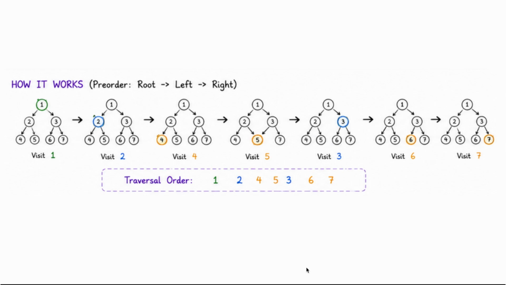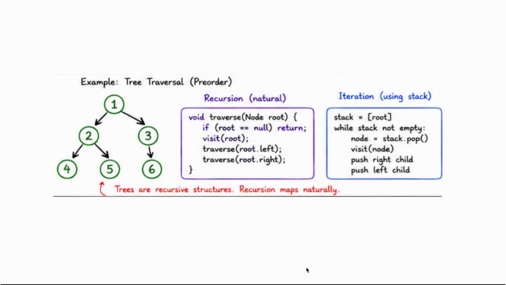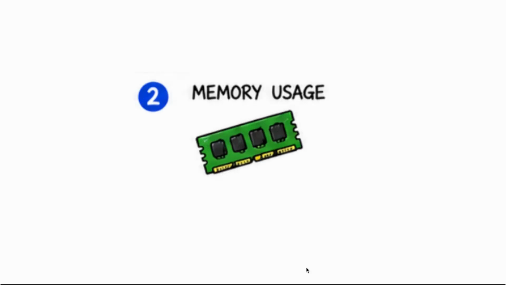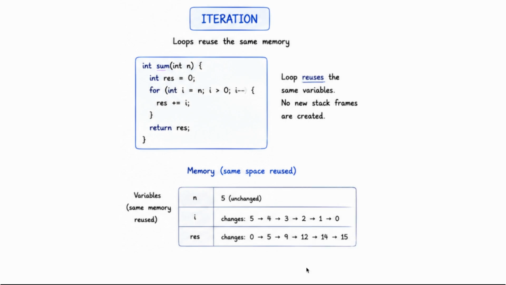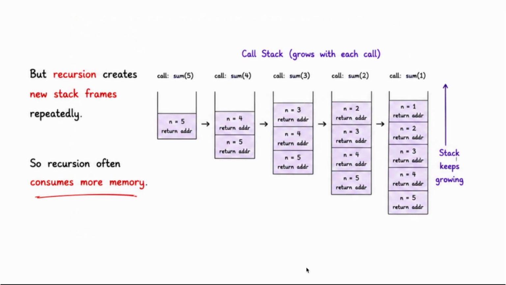A node contains children and children contain more children. So recursion maps naturally. Now, second, memory usage. Iteration usually wins because loops reuse memory, but recursion creates new stack frames repeatedly. So recursion often consumes more memory.